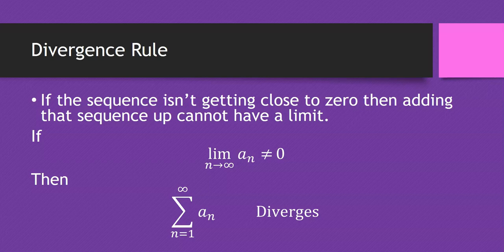We saw that if the underlying sequence doesn't go to 0, then the series has to diverge. But there's a number of other rules too. It turns out sometimes when the underlying sequence goes to 0, this sum converges, and sometimes when that underlying sequence goes to 0, this sum diverges. And so we're going to look at that in the next sections.